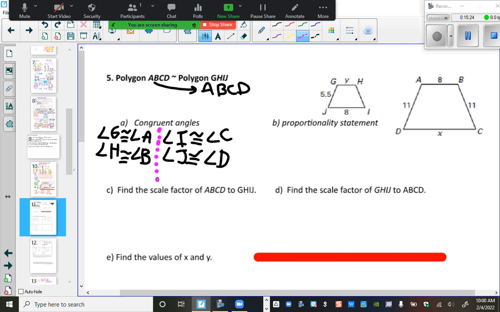All right. Proportionality statement's gonna be a little hard. It's not that bad. Just gonna separate it. Okay, again, use our similarity statement.